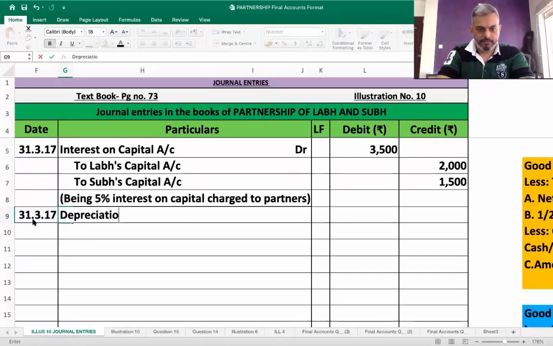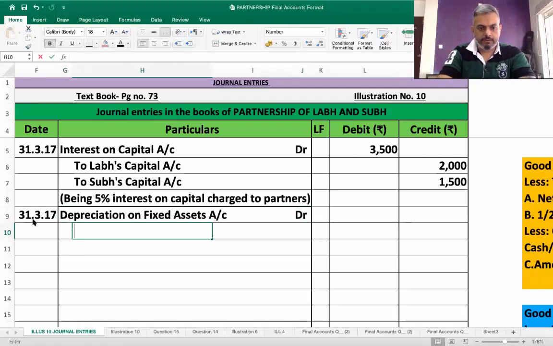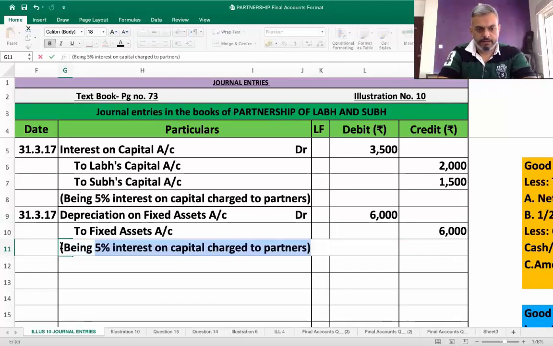Depreciation on fixed assets account debit to fixed assets account 6,000. Narration: being depreciation at the rate of 10% charged on fixed assets.